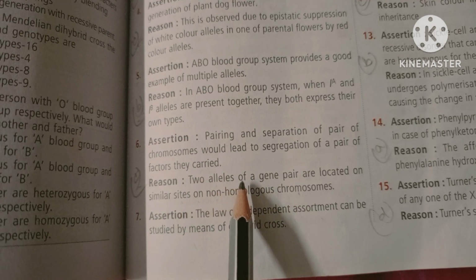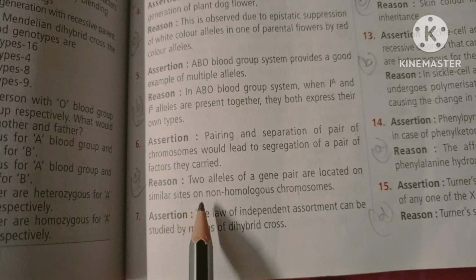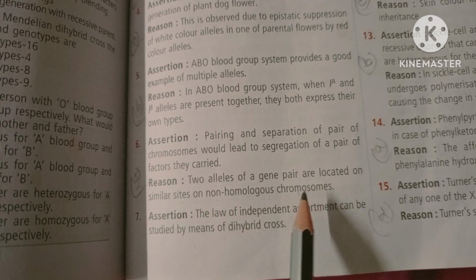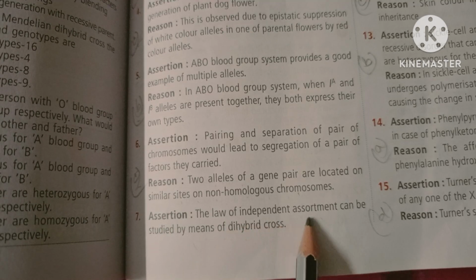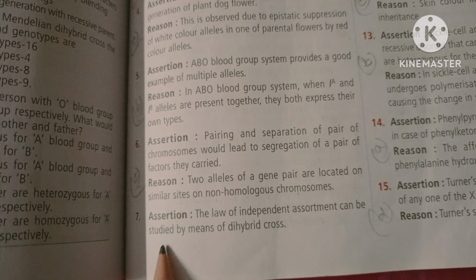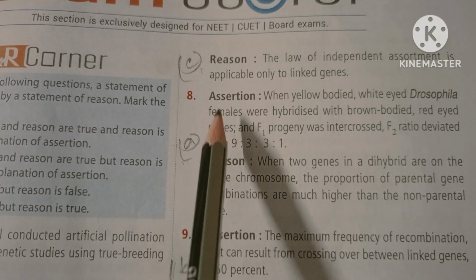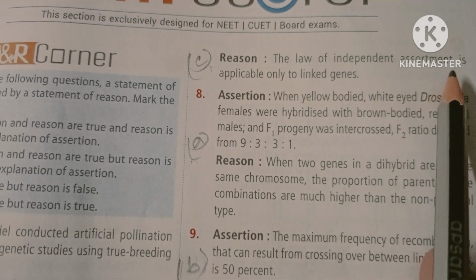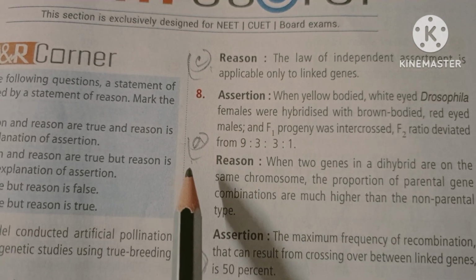Reason: Two alleles of the gene pair are located on similar sites on non-homologous chromosomes. Next, assertion: The law of independent assortment can be studied by means of dihybrid cross. Reason: The law of independent assortment is applicable only to linked genes.